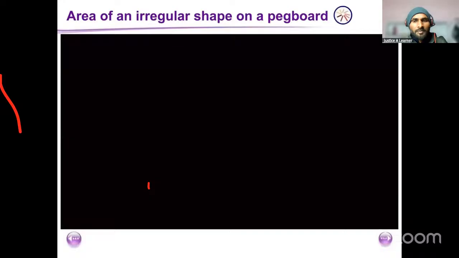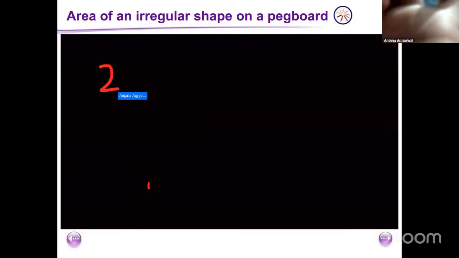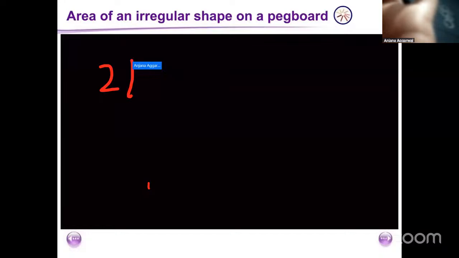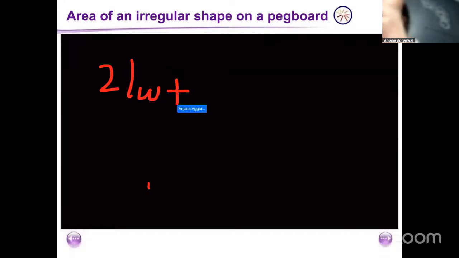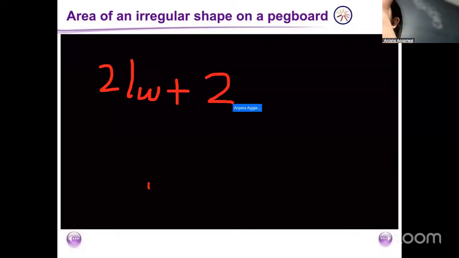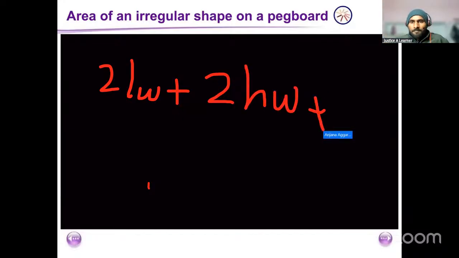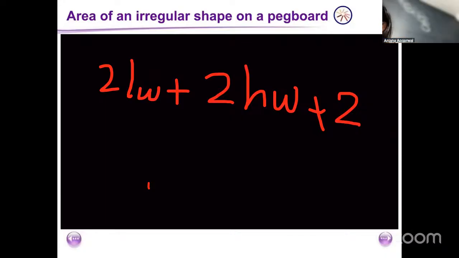Yes, right here. So we're talking about the total surface area of a cuboid. So a cuboid is going to be 2LW plus 2HW, plus 2... Now I don't remember. I think it's probably HL.